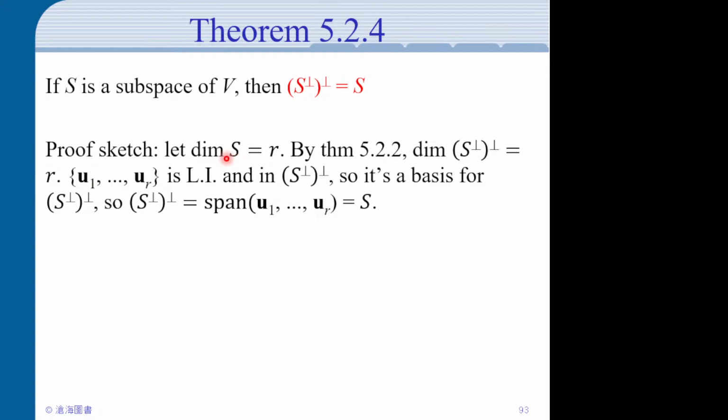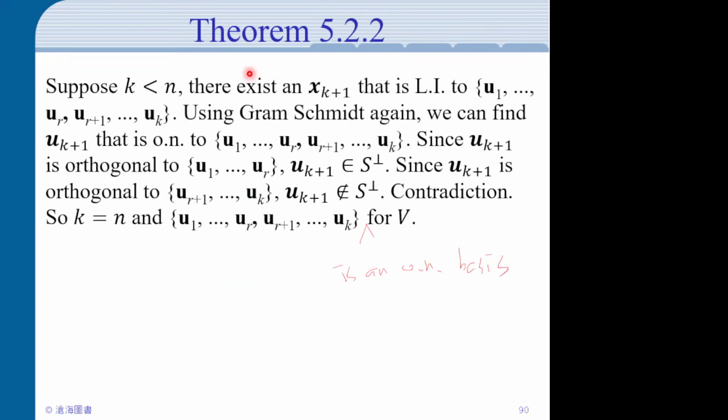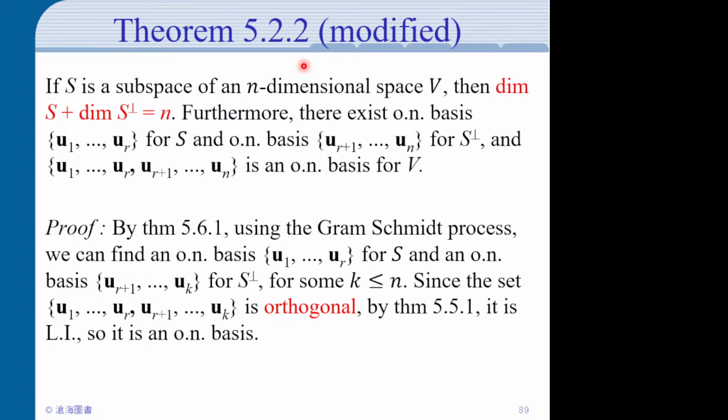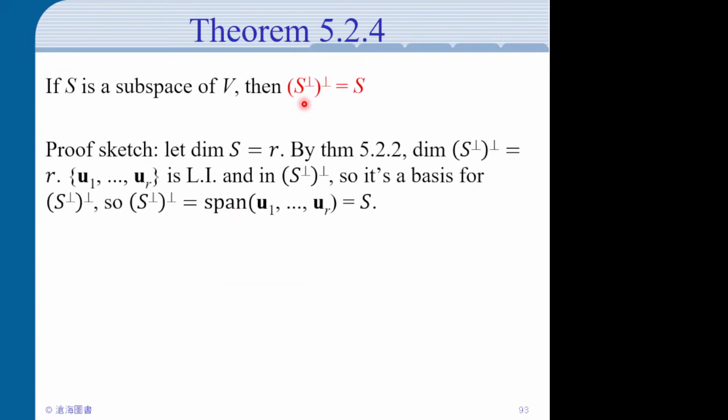Our dimension of S equals some r, and so by the theorem we proved here, theorem 5.2, we know the dimension of S perpendicular is n minus r.